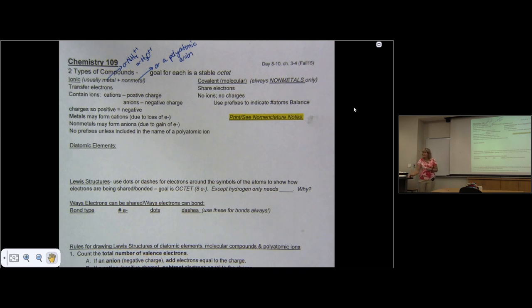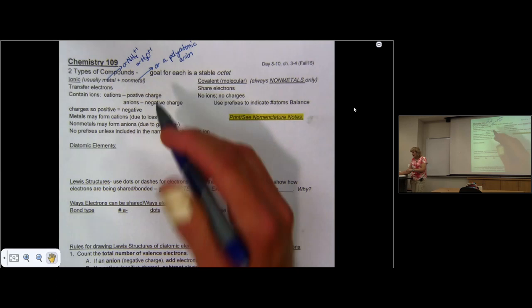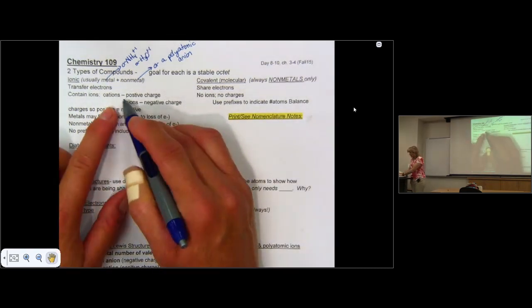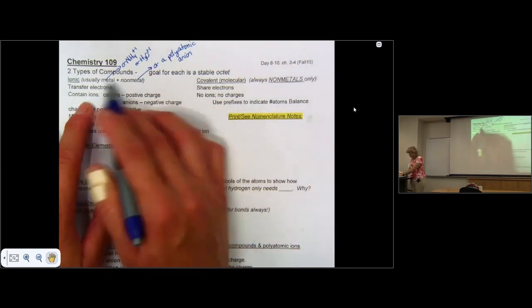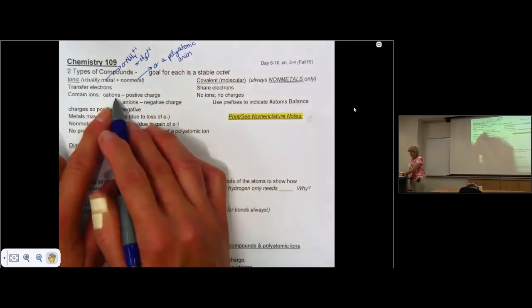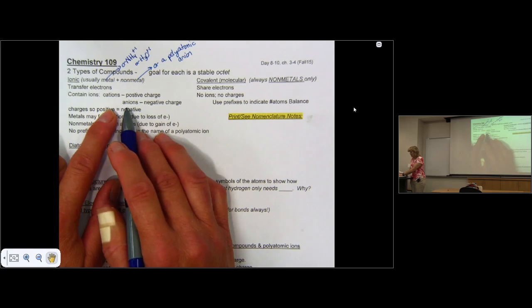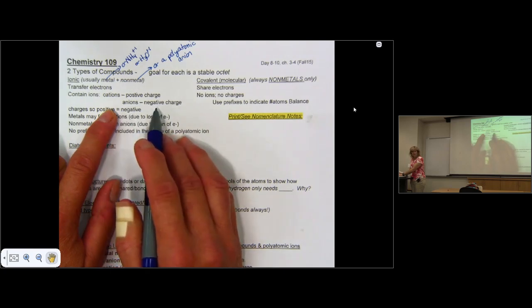We already talked about they transfer electrons. We can also say in a more specific way, rather than me putting this and then all the exceptions, they contain cations, which are positive, and anions, which are negative.